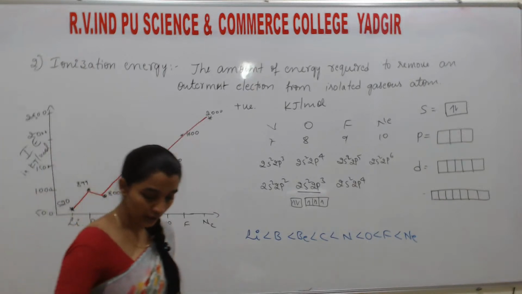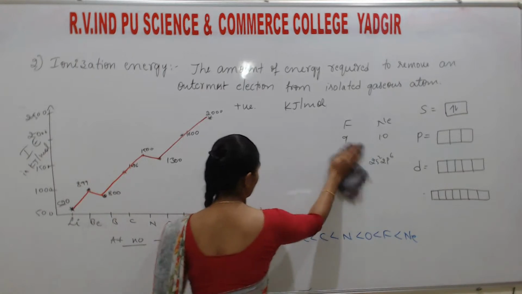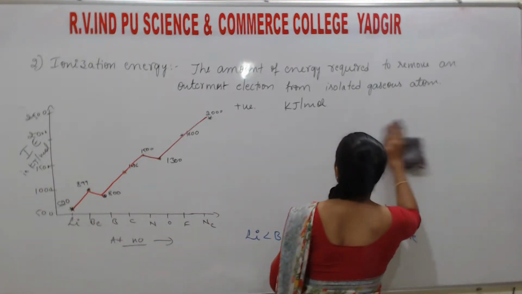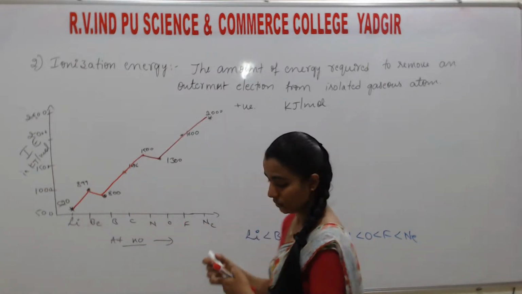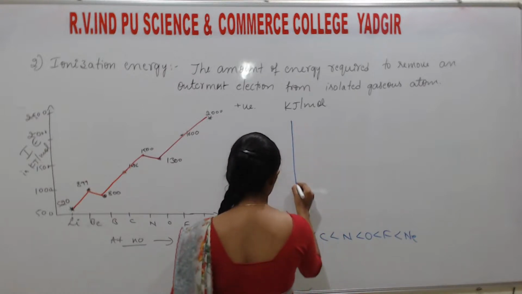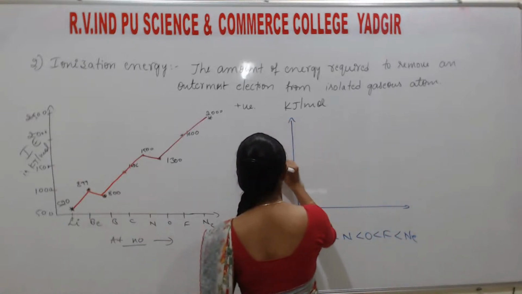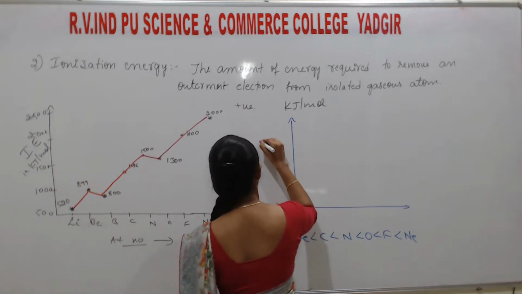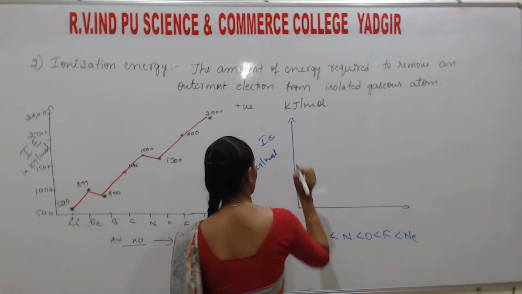If you consider along the group, that is ionization energy in kilojoules per mole.